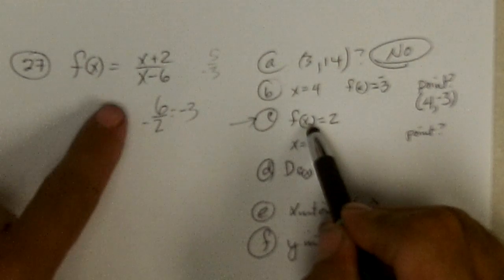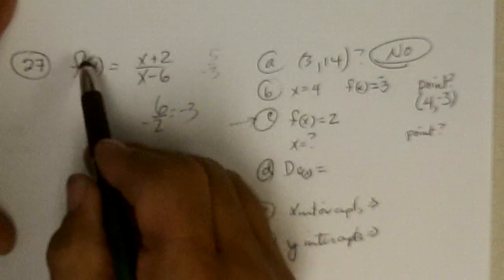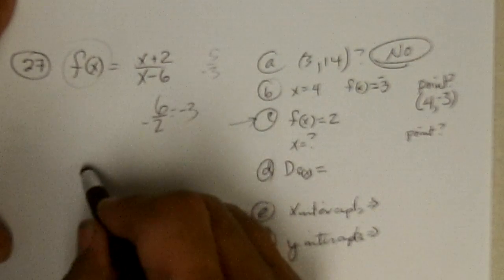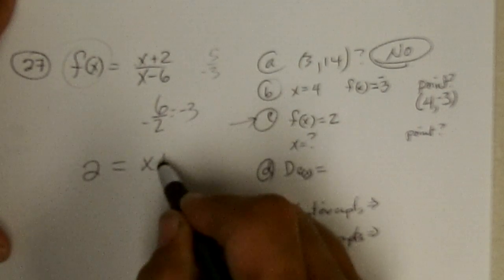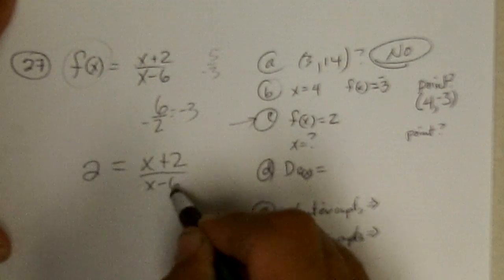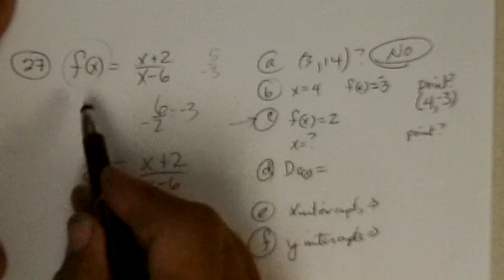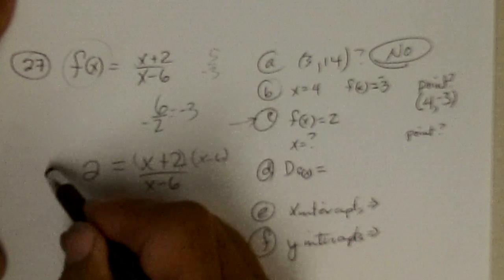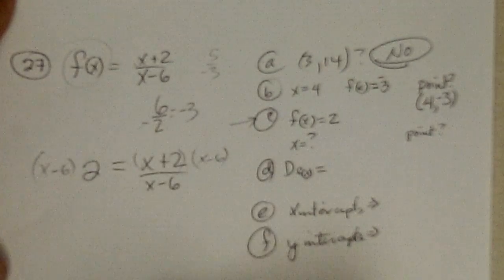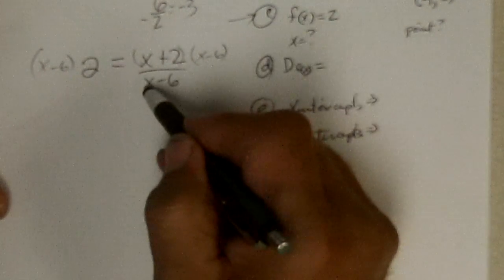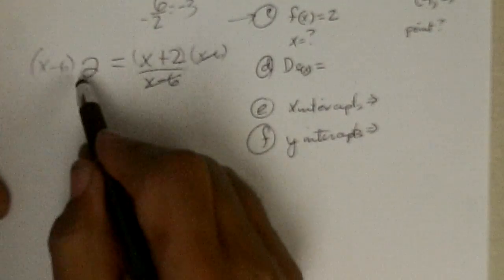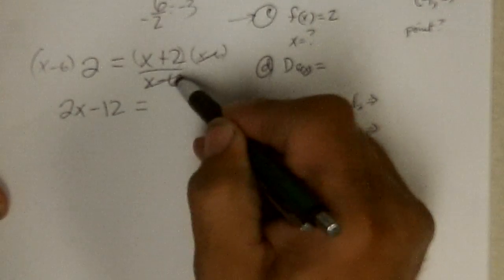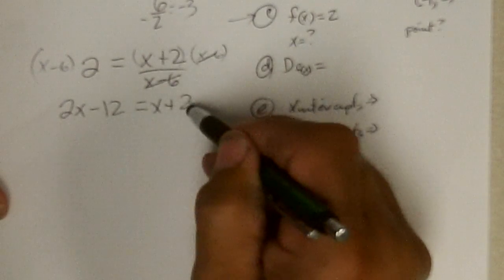If f of x is 2, so the y value is 2, what's x? The y value is 2, and it has to equal x plus 2 over x minus 6. What's x? So we multiply both sides by x minus 6. The x minus 6 cancels, and we get 2x minus 12 equals x plus 2.